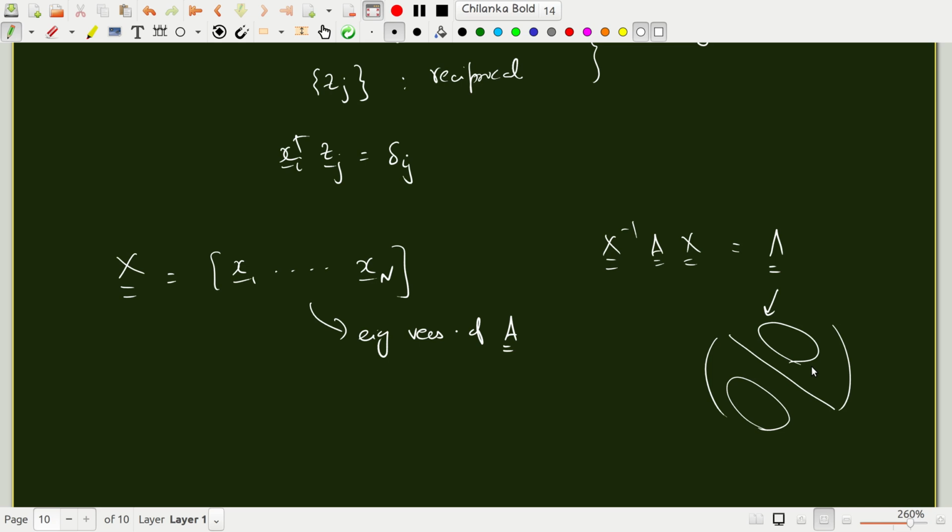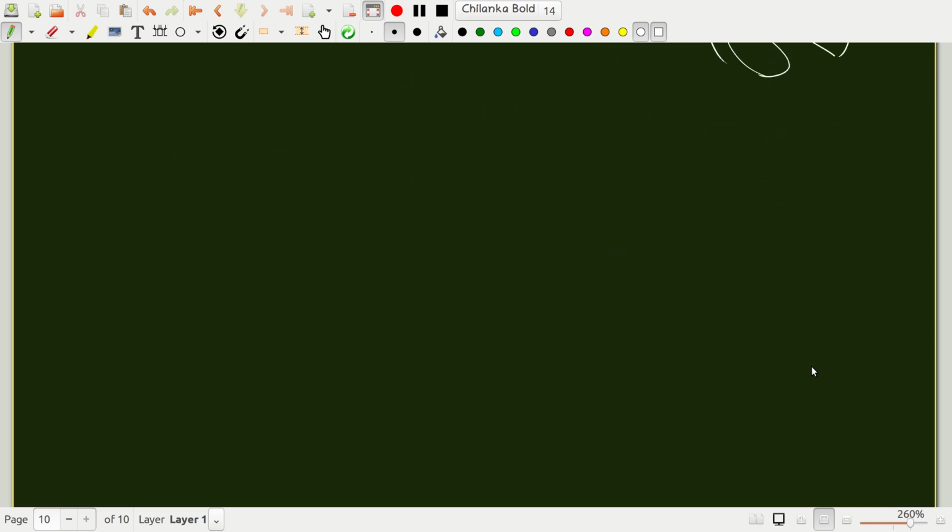So if A is perfect, it can be diagonalized by a similarity transformation.